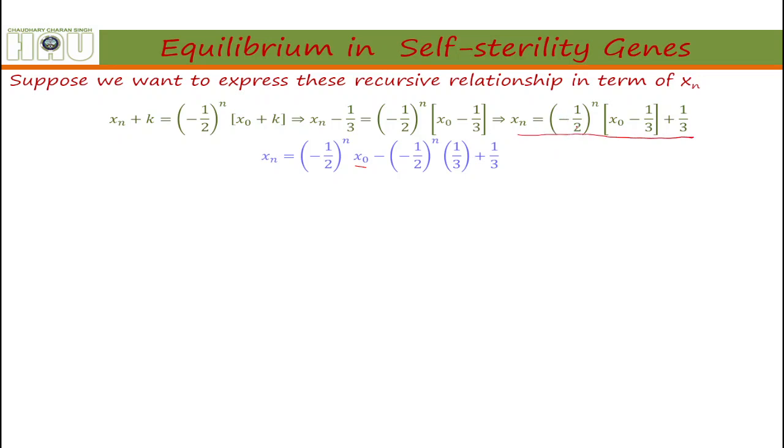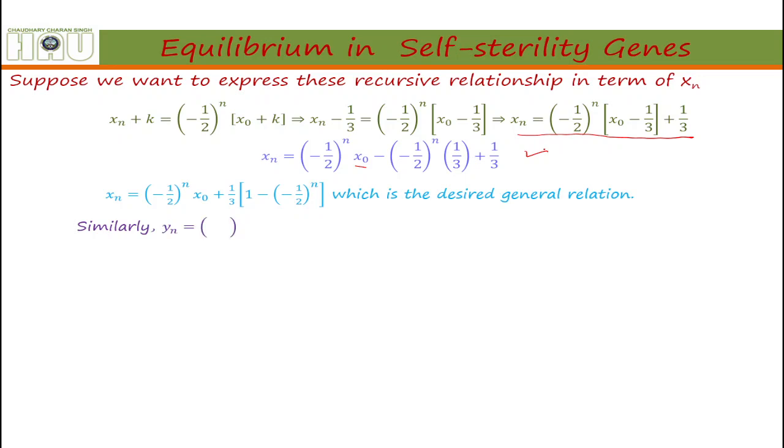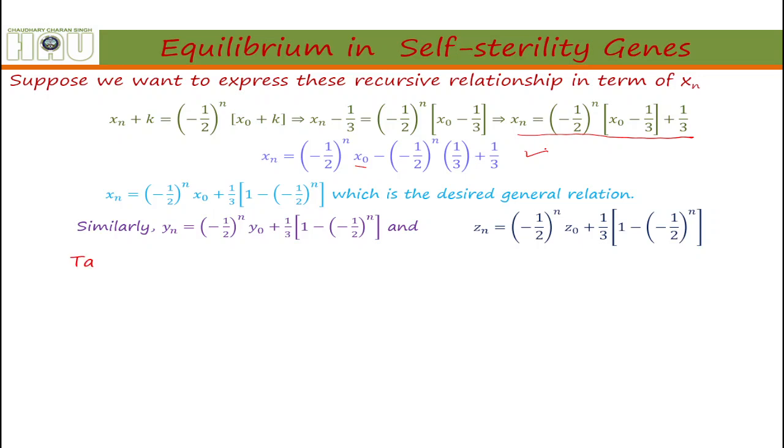You just multiply minus half raised to power n x0 minus minus half raised to power n into 1 by 3, plus 1 by 3. So this is the recursive relationship in terms of small xn. Clear? Similarly, you can find the recursive relationship of y and z also. So these are the recursive relationships of xn, yn and zn in terms of x0, y0 and z0.